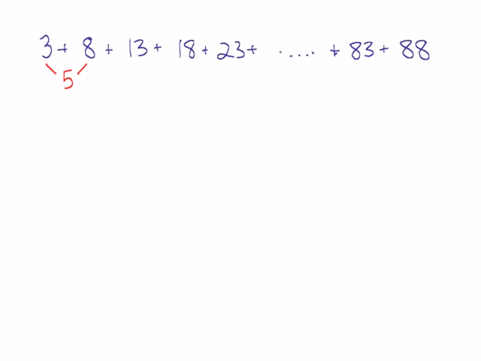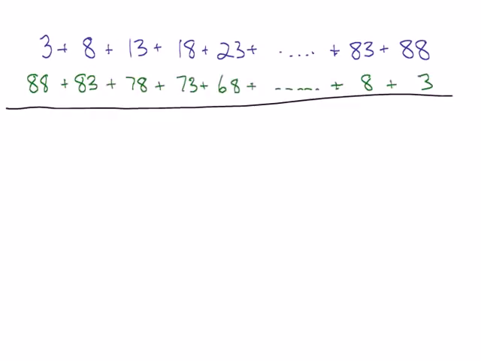Okay, so let's do the same trick that Gauss did with adding up the consecutive integers, and do it with this. So what I do is I take my series and I reverse the order. 88 plus 83 plus 78 all the way down to 3, and then I'm going to be adding up the items that are vertical to each other.